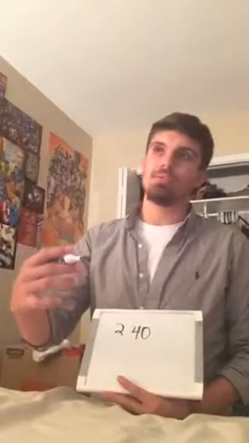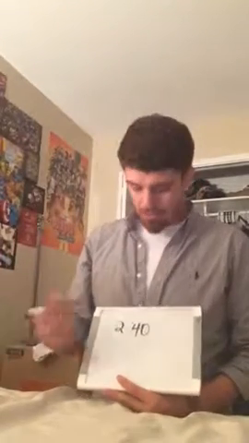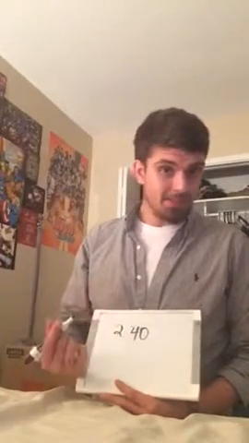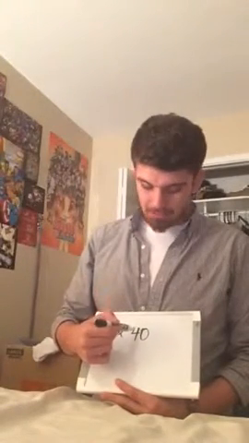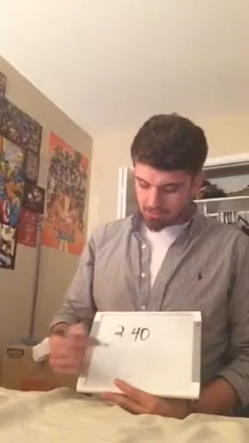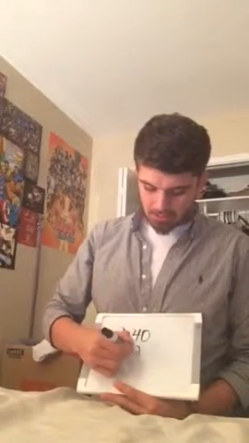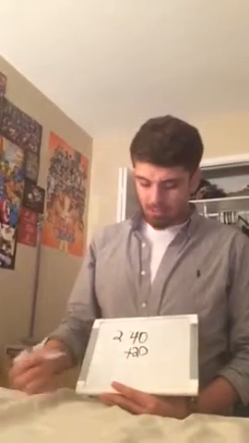If this was 2:40, the closest following hour would be 3 o'clock. So in order to make 60, how many minutes would I have to add to get to the nearest hour? I would be adding 20.